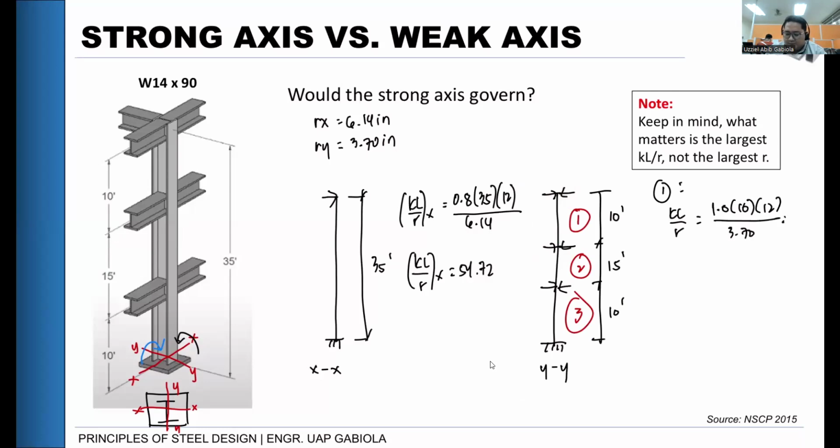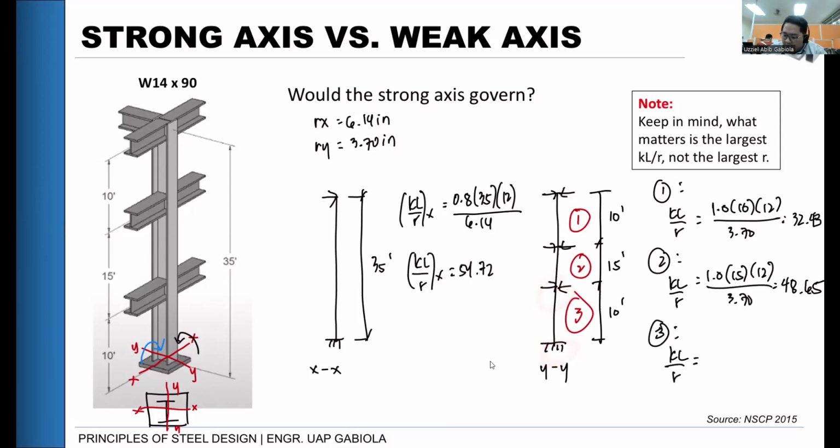That is 32.43. Number 2, KL over R, that is also pin, pero yung length natin is 15 times 12 over 3.7. That is 48.65.